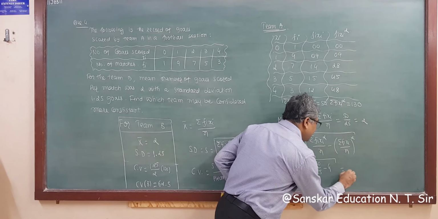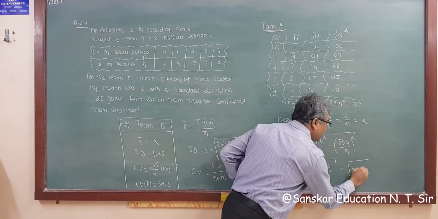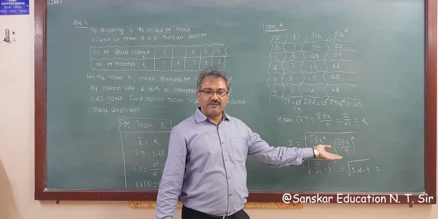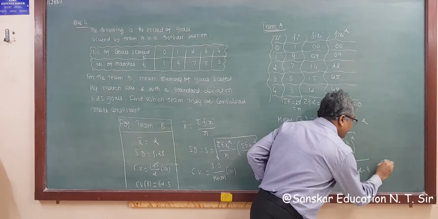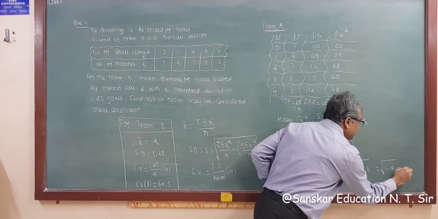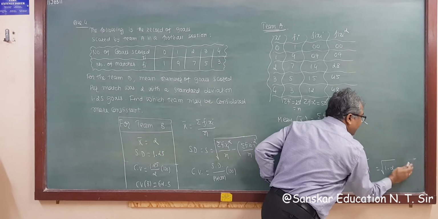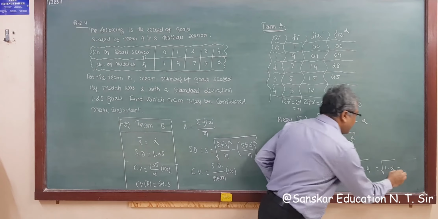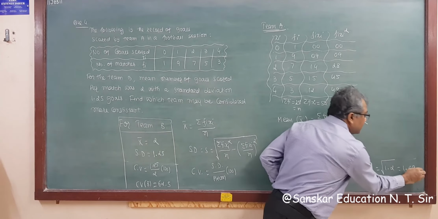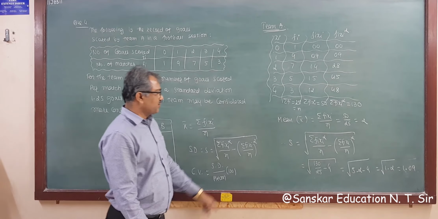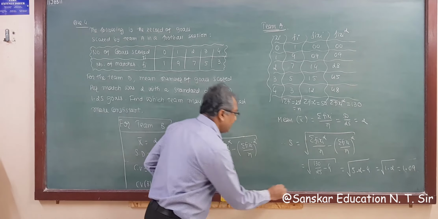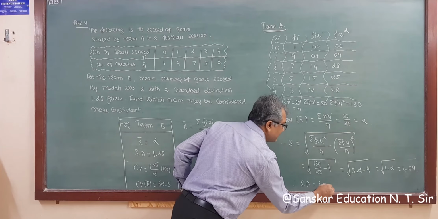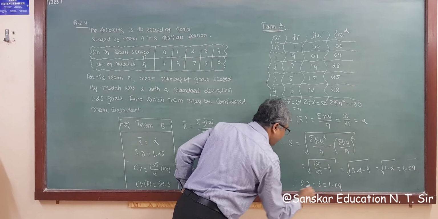So this is square root of 5.2 minus 4, that is square root of 1.2, which is 1.09. So this is the standard deviation S, or sigma, 1.09.